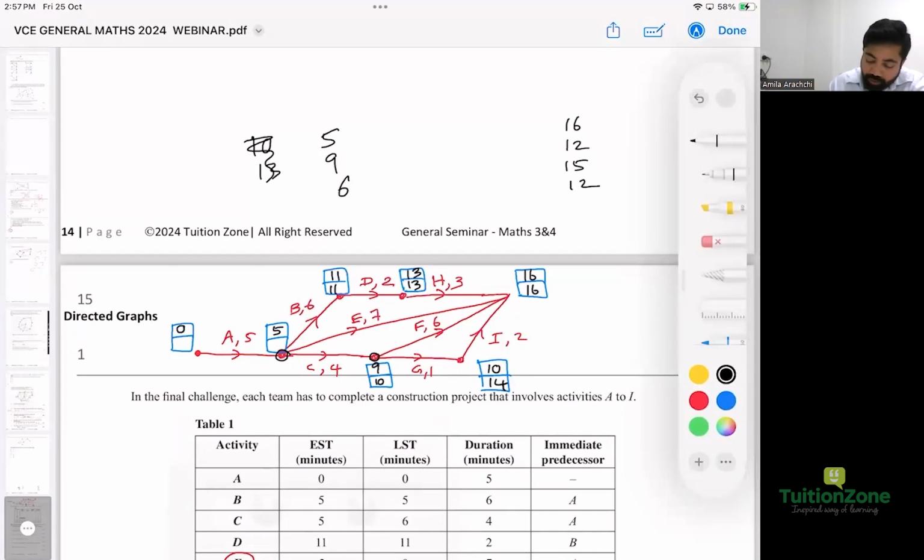Which is we just need the 5, right? There you go. And then 0. Is that true, all of you? And then, can you tell me what's your critical path as well at the same time? Can someone type the critical path by looking at it? Just put in the chat. So what's the critical path?